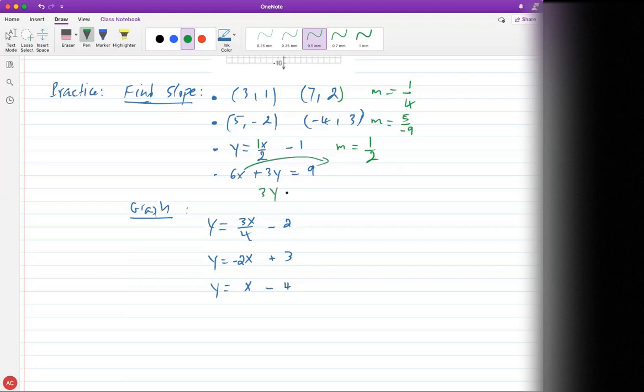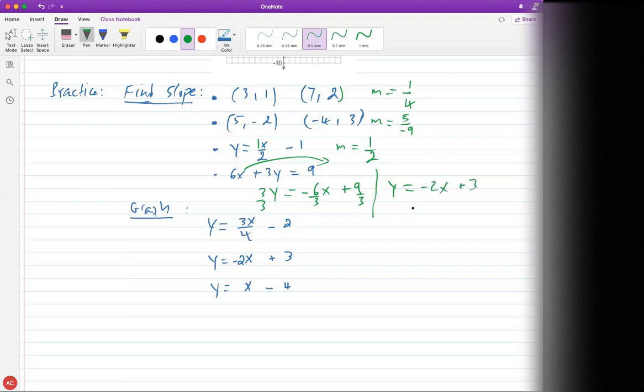So this would be 3y, 6x moves over, becomes negative 6x, plus 9. Then get rid of the 3, but you gotta divide the entire equation. So y will be negative 2x plus 3.